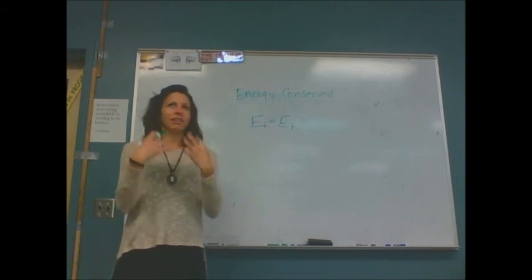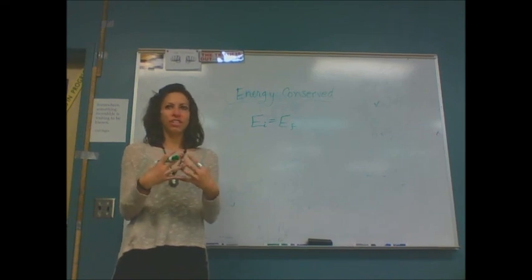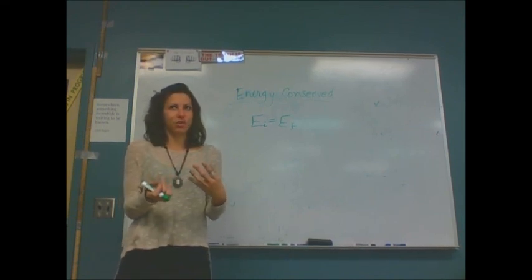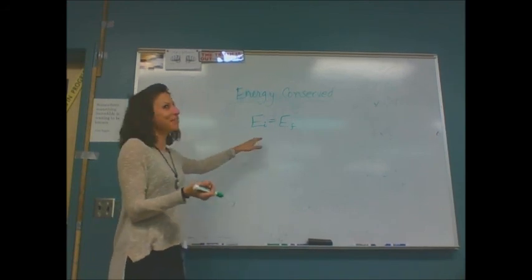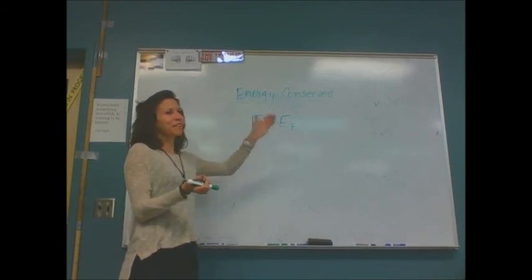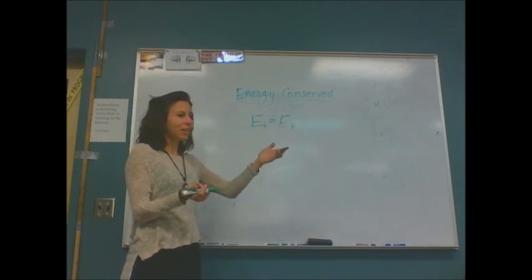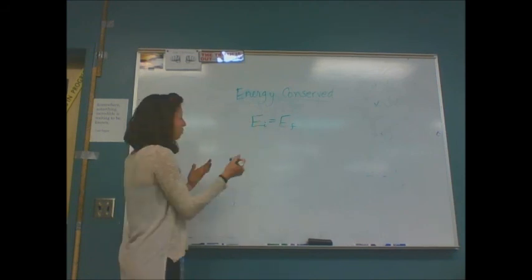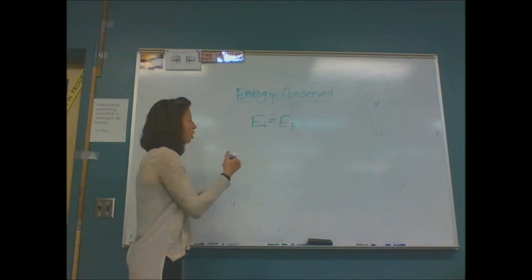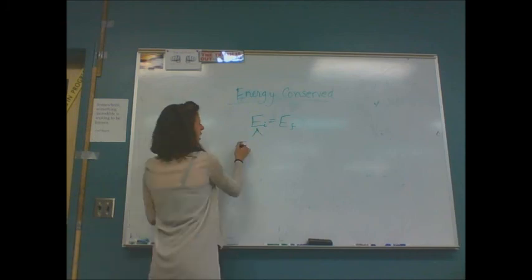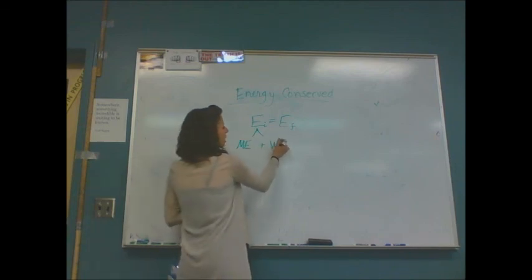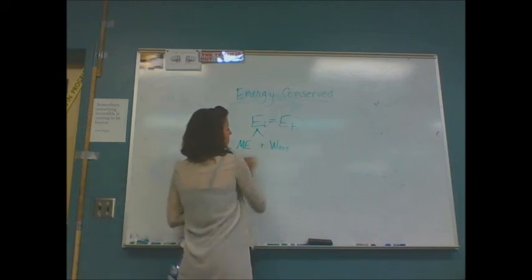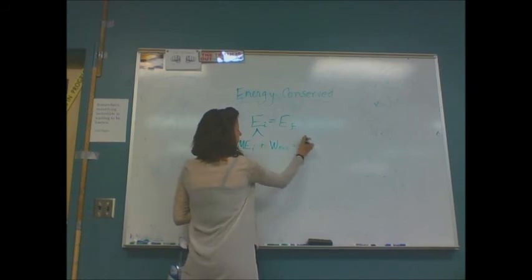So when we talk about energy, total energy is split into two categories: mechanical energy and the work done by external forces. The work done by external forces is like when friction does work or you apply a force. For example, when I was running up the Sabino Canyon hill, I was applying an external force. I was supplying that force.